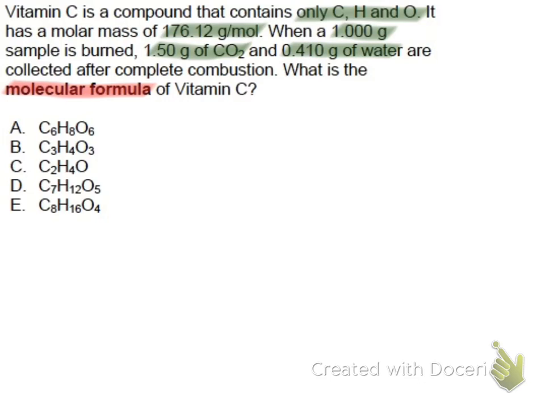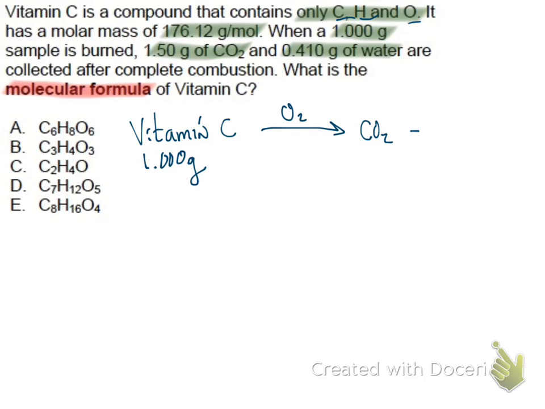All right, so what I would do is think first about the reaction. We have vitamin C, and we even know how much we started with. We know we have 1.000 grams, 1 gram. We're going to burn it, which means we combine it with O2, and we know that this compound has carbon, oxygen, and hydrogen only, which means that all we're going to get out is CO2 plus H2O, and we even know how much of this we got.